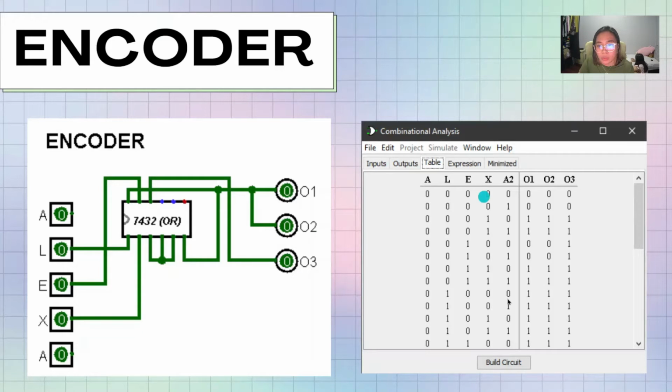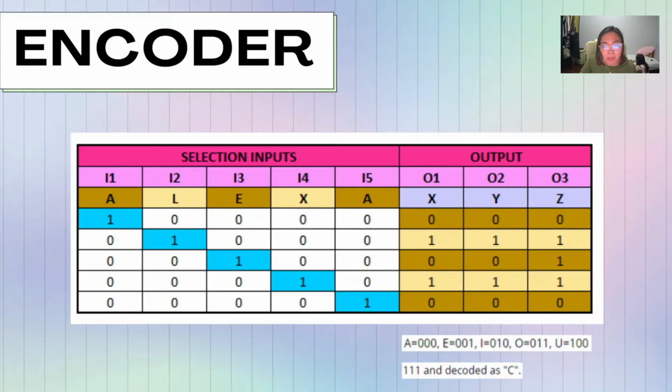So this is the table that was seen in the Logisim application, and it is similar, or the same, with the one that I had created earlier, which is this table.